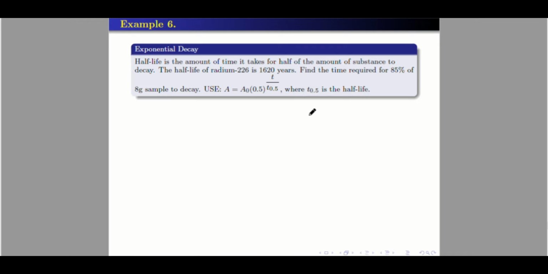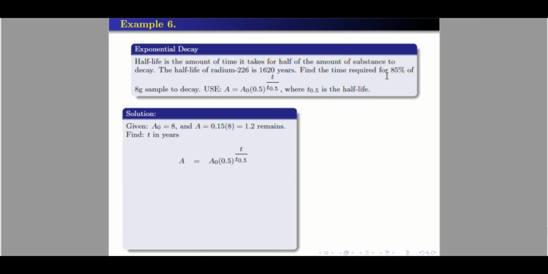So 85% of the 8-gram sample has decayed. So we are asked to use this expression or model. Now take note, this one here is an exponent: t over t sub 0.5, where t sub 0.5 is our notation for half-life.